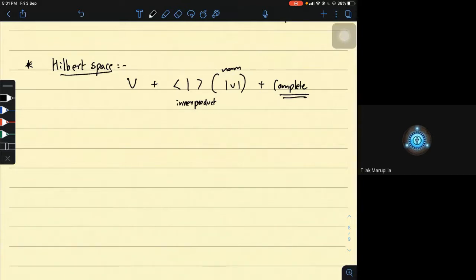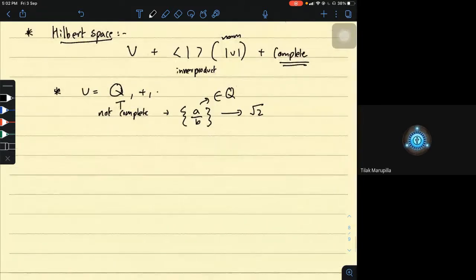For example, to see a non-example, consider the vector space given by the rationals, with the operations of normal addition and multiplication. This is not a complete space. You can find sequences of the form a by b, which are all rationals, and this converges to some irrational, for example root 2.